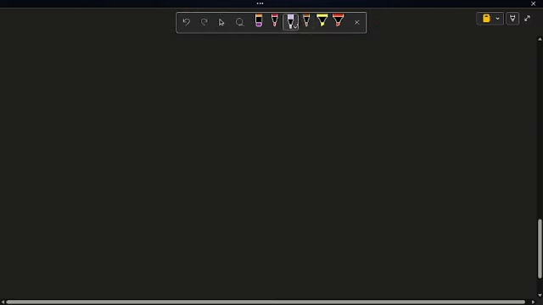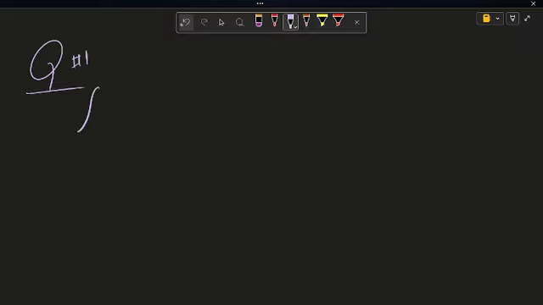Now let me do some questions, then it will be more clear to you. For example, question number 1 suggests that f of x is equal to 2x plus 3. For AS level, that was A level first, meaning the first year of A level, you read it that f of x is equal to y.